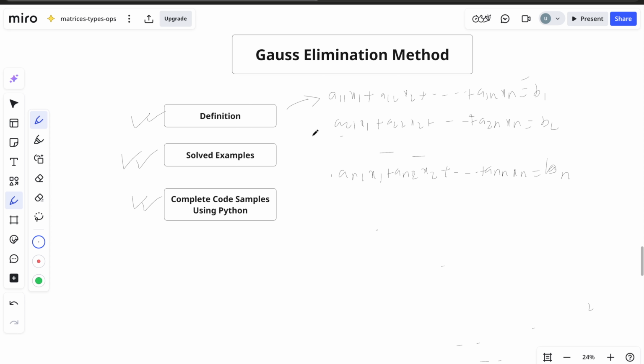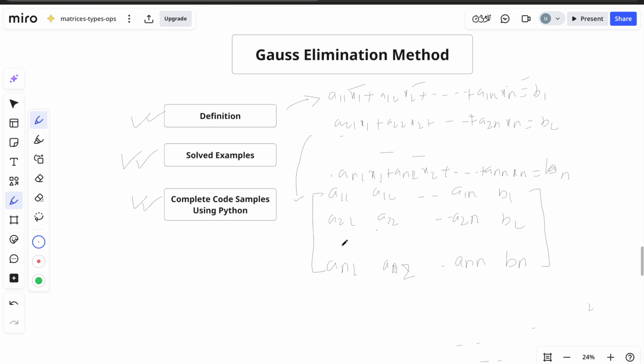The Gauss elimination method basically states that we need to convert this system of linear equations, to solve for x1, x2, up to xn, into an augmented matrix form, which is a11, a12, a1n, b1, a21, a22, a2n, b2, an1, an2, ann, bn.